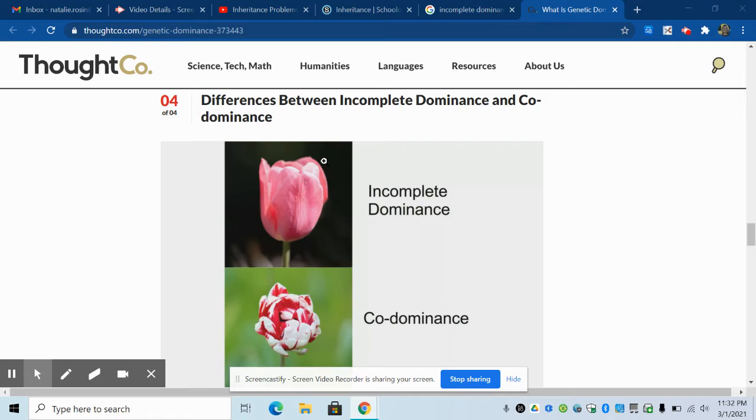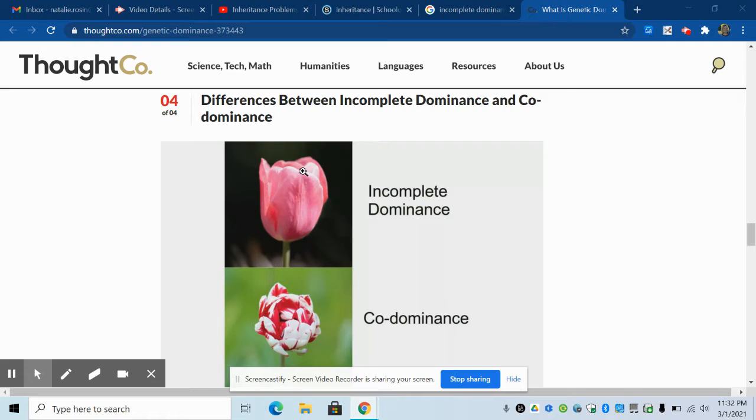And so, what that looks like is that if you had a red flower and a white flower that happen to mix, and the genes and the alleles within that flower were incompletely dominant as opposed to codominant, you would see a blend of those particular alleles.